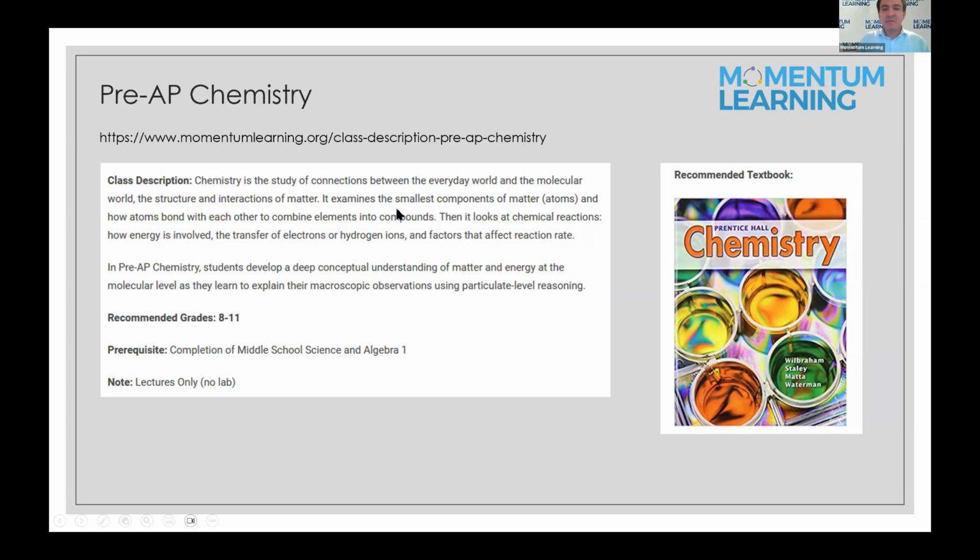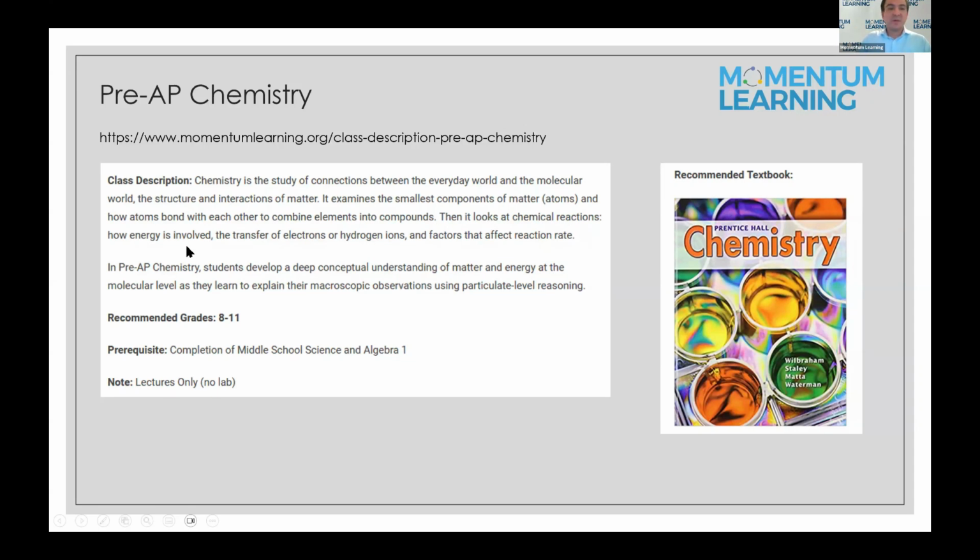It examines the smallest components of matter, atoms, and how atoms bond with each other to combine elements into compounds. So everything is made up of atoms. The way they connect to one another makes different materials. Then it looks at chemical reactions and how energy is involved.